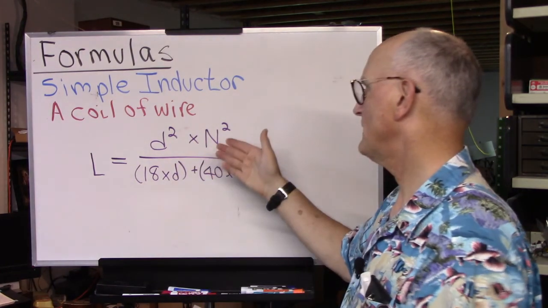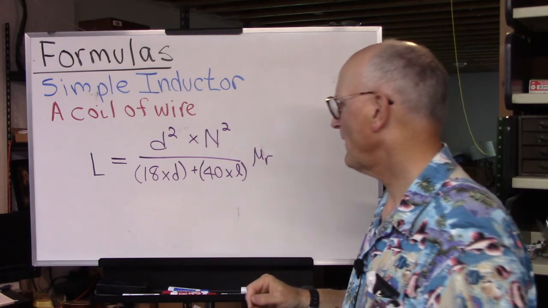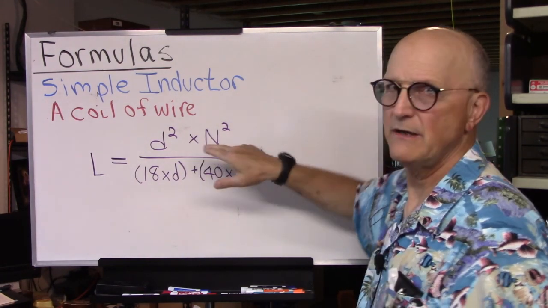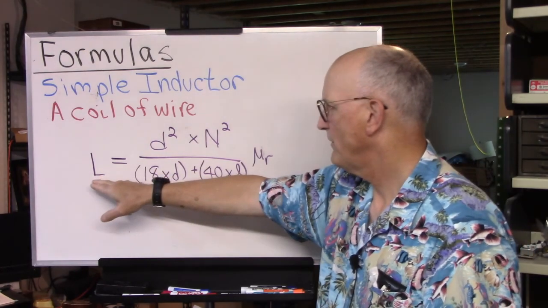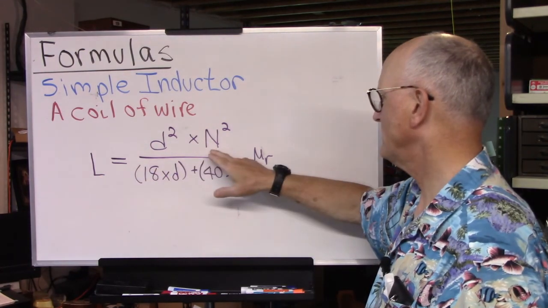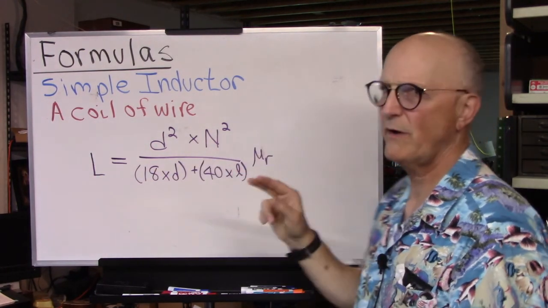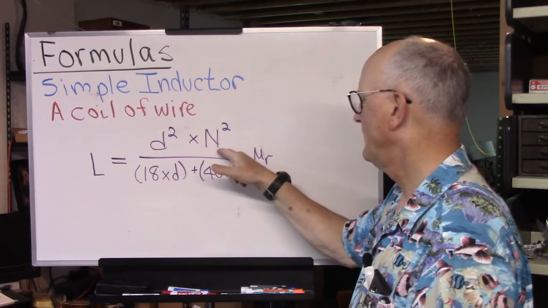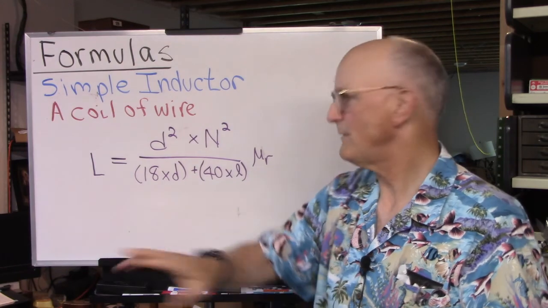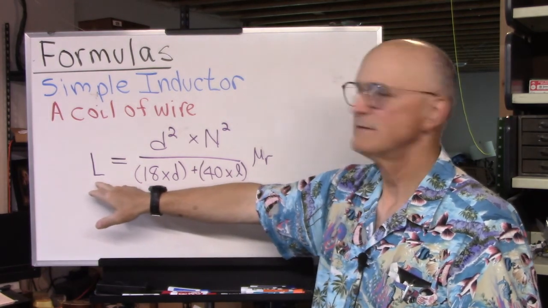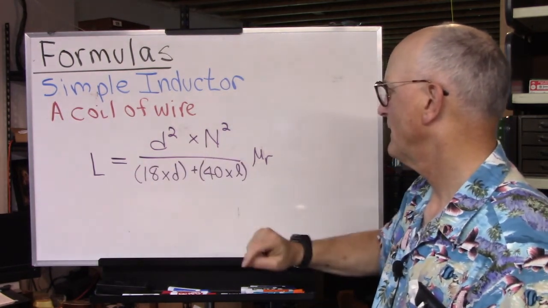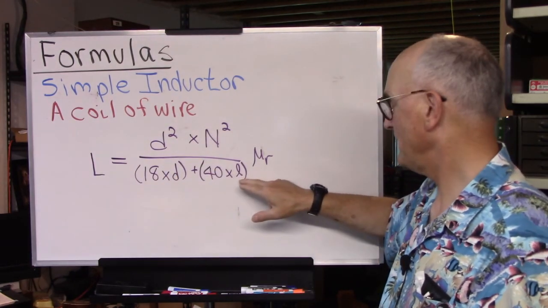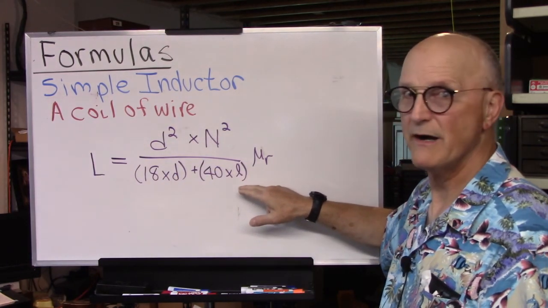But if we look at this equation, we can see that if the number of turns increases, then this value increases. In fact, the number of turns is squared, so if you double the number of turns, then you quadruple the inductance. And then you have the length of the coil, down here at the bottom.